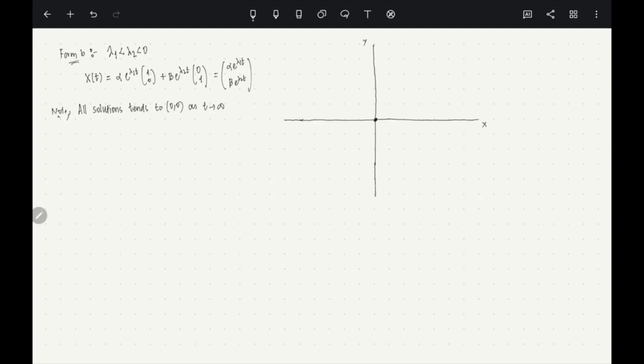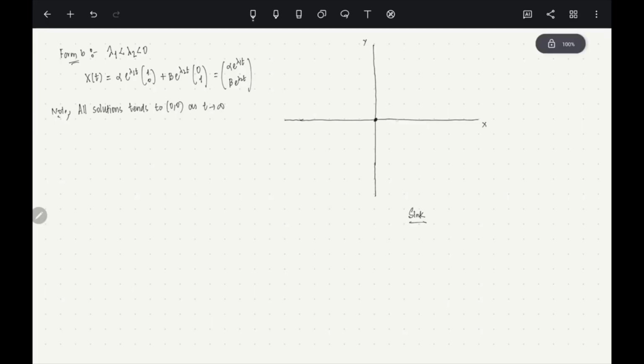It's basically attraction going on, and everything is coming towards the origin. We call this sort of thing a sink. Sink means every trajectory is sinking towards the origin. That's why it's called a sink.